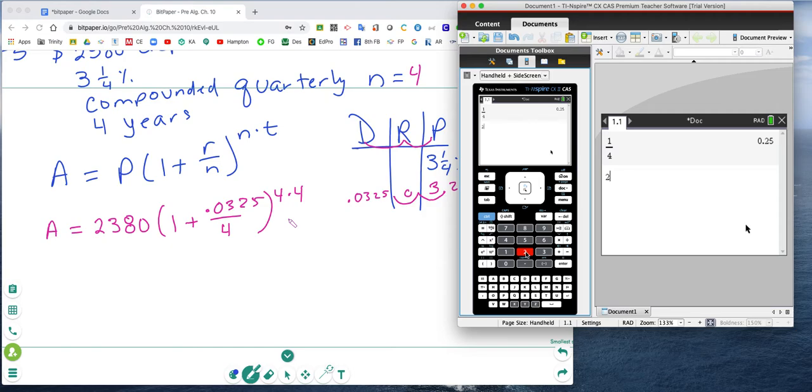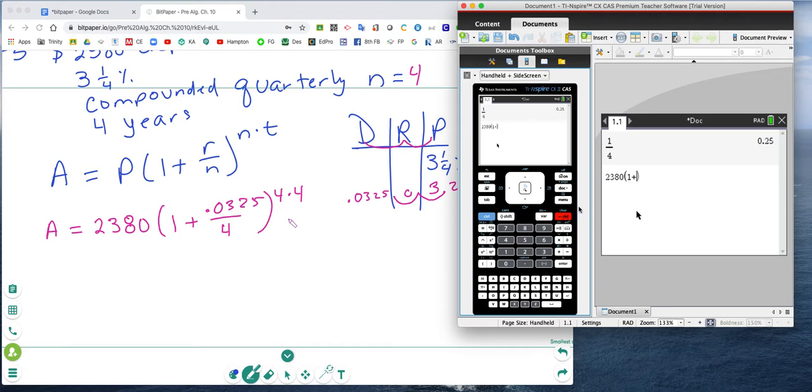So I'm going to do 2380 parentheses 1 plus control enter, sorry, should be control divide because I need my fraction in there.